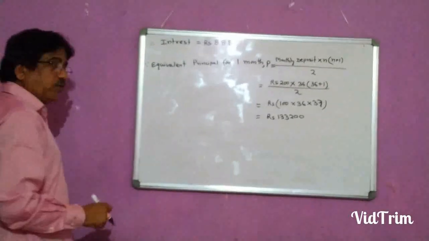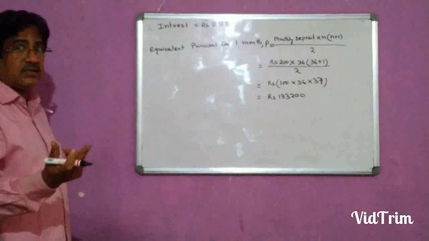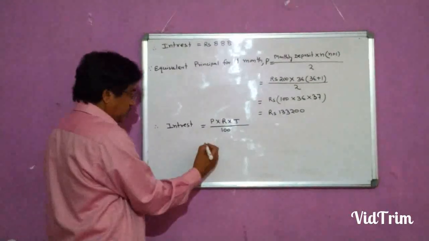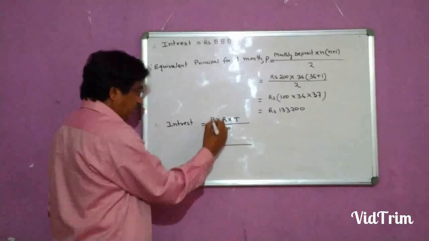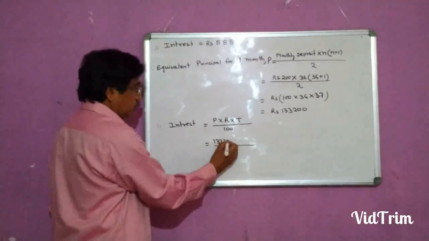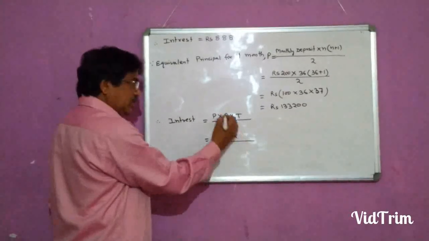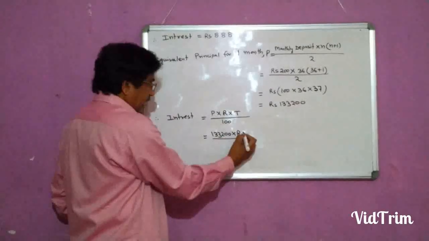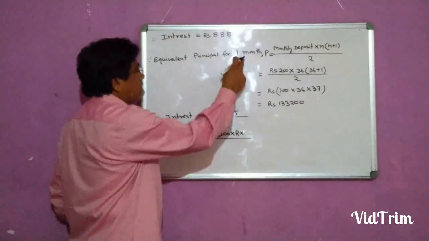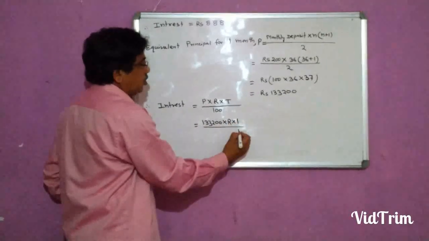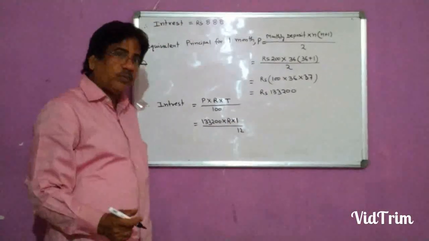Now we have to find out the interest. The second step was the interest. So now we can say P into R into T by 100, and that is equal to, we put the value, 133200. Rate will be taken as R only because this we have to find out. The time, because we have taken the principal for 1 month, the equivalent principal value, will be taken as 1 by 12, because 1 month is equivalent to 1 by 12 years.